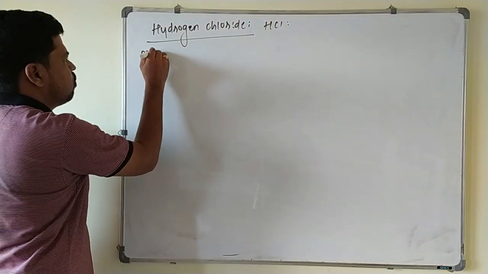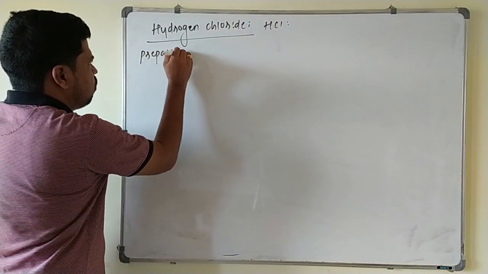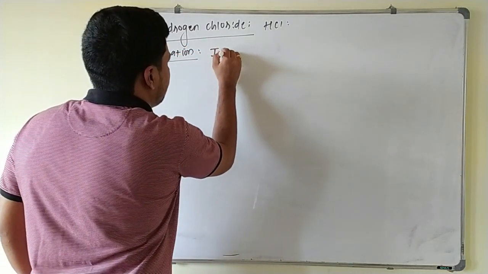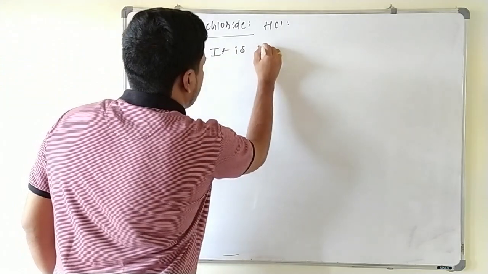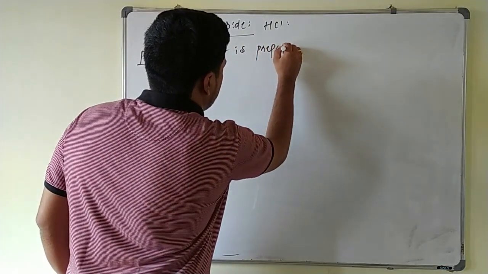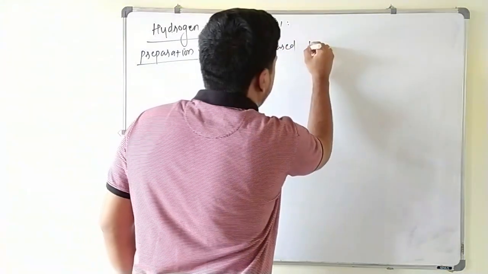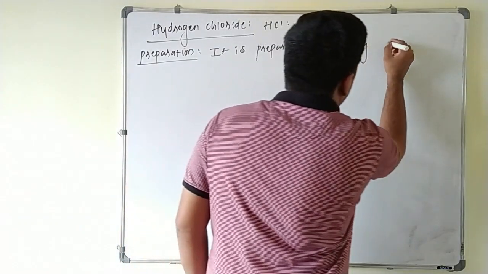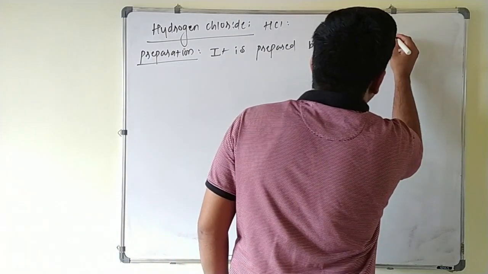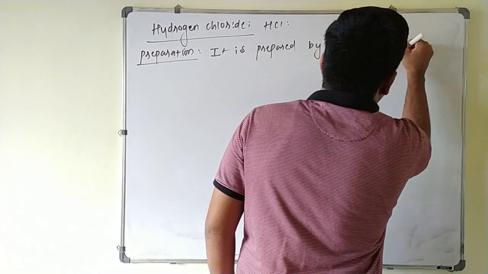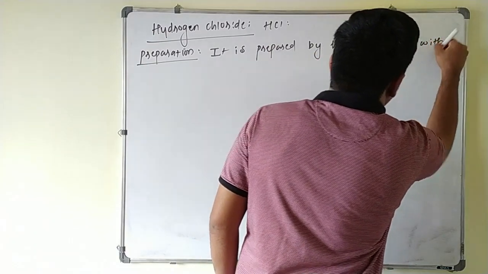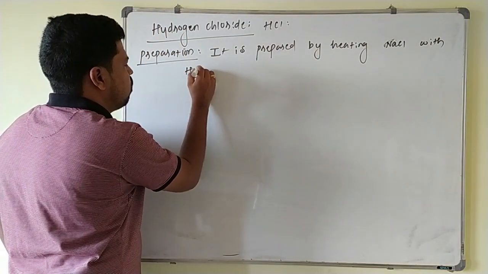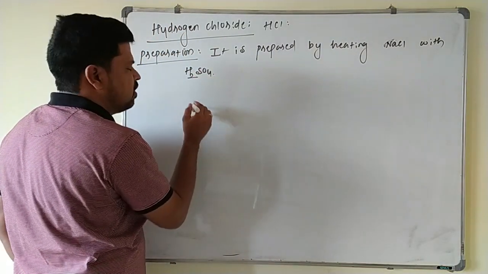First point, preparation. It is prepared by heating NaCl with H2SO4, sulfuric acid.